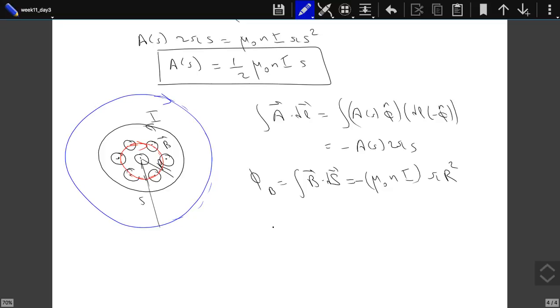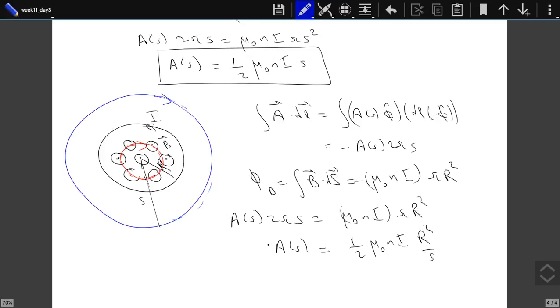And hence, from the equality of A dot dl to the flux, we have A(s) 2 pi s should be equal to mu0 n I times pi r squared, or A(s) should be equal to one half mu0 n I r squared over s.